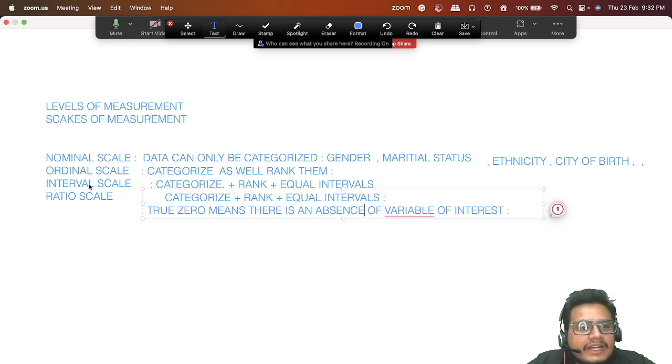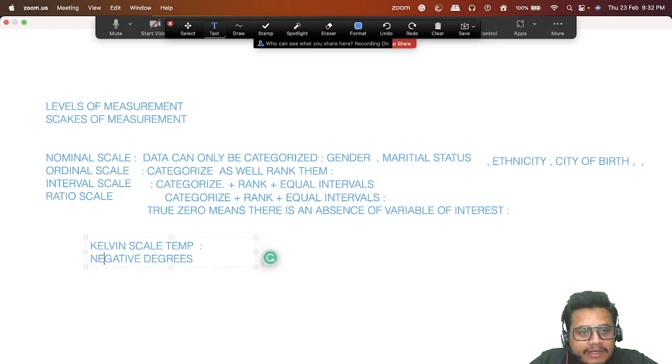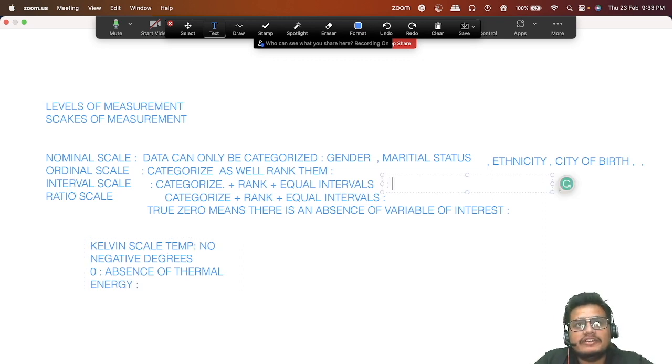एग्जाम्पल केल्विन स्केल में इंटरवल और रेशियो स्केल को मैं सिर्फ अभी कंपेयरिंग करता हूँ. केल्विन स्केल है तो in the Kelvin scale we have no negative degrees, right? In Kelvin scale we have no negative degrees of temperature. It can minimum have a 0. It means absence of thermal energy. But in interval scale यहाँ पे मेरे पास है Fahrenheit. It can be negative as well.